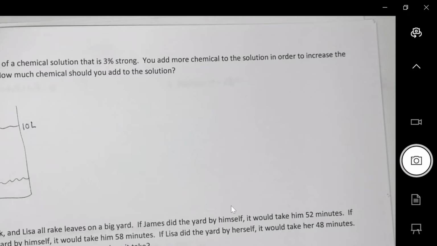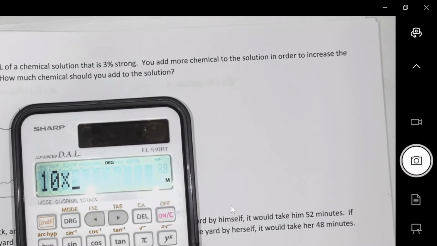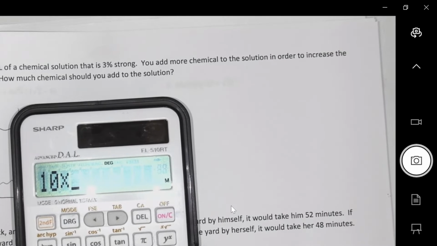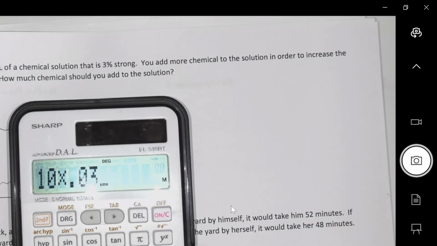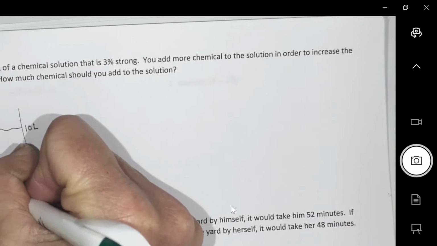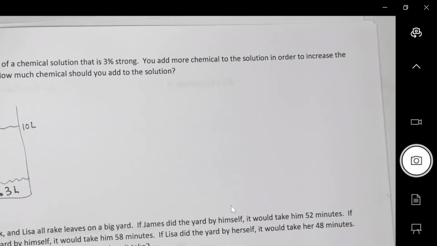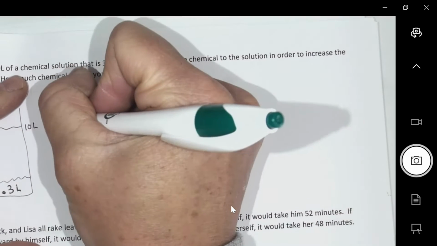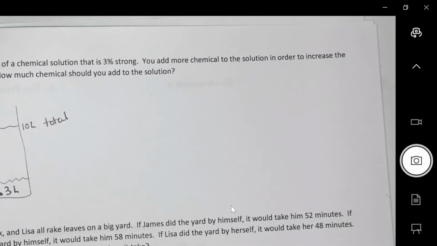If 3% of that is chemical, what do you do to figure out how much chemical it is? 10 times 0.03. Okay, 3% is 0.3 liters of chemical in there right now. So that's our total mixture right now, and that's our chemical.